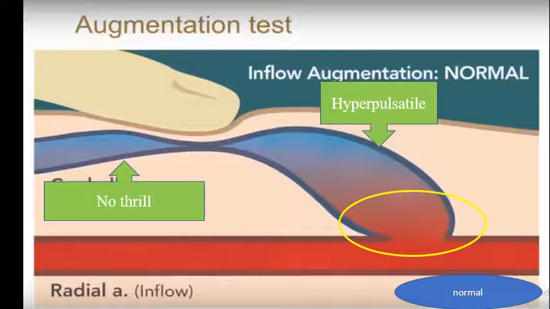This is normally what will happen if you do the augmentation test. Again, the augmentation test is to close the vein 2 centimeters away from the site of the AV fistula. So the segment between the AV fistula and your finger will be hyperpulsatile and the thrill will be absent after your finger.